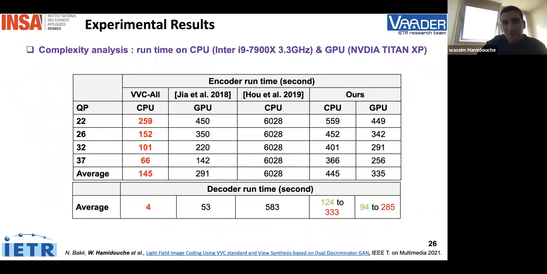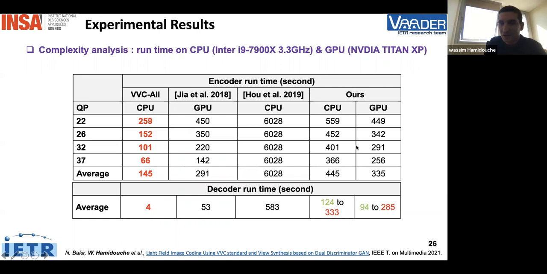Now, when it comes to complexity, here we provide some numbers about the complexity of the encoder and the decoder. The first table gives the encoder runtime in seconds, and the second table gives the decoder runtime, also in seconds. We give the complexity on CPU and GPU. We can see the complexity has increased compared, for example, to the configuration where we use only VVC.